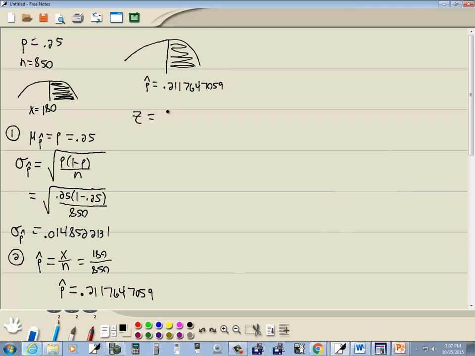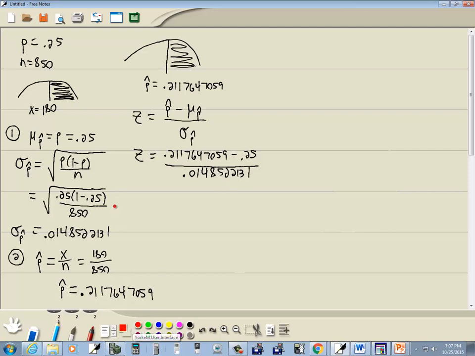Now we want to find the z-score, so z is equal to p hat minus mu sub p hat over sigma sub p hat. P hat is equal to 0.2117647059 minus mu sub p hat, which we said was 0.25, divided by sigma sub p hat, which is 0.0148522131.